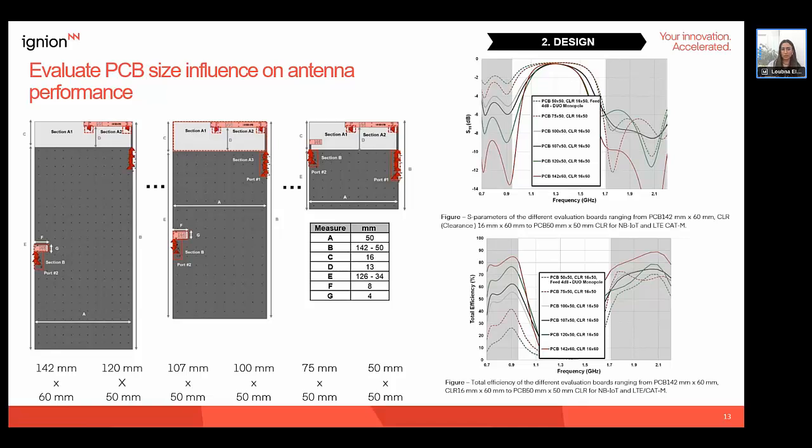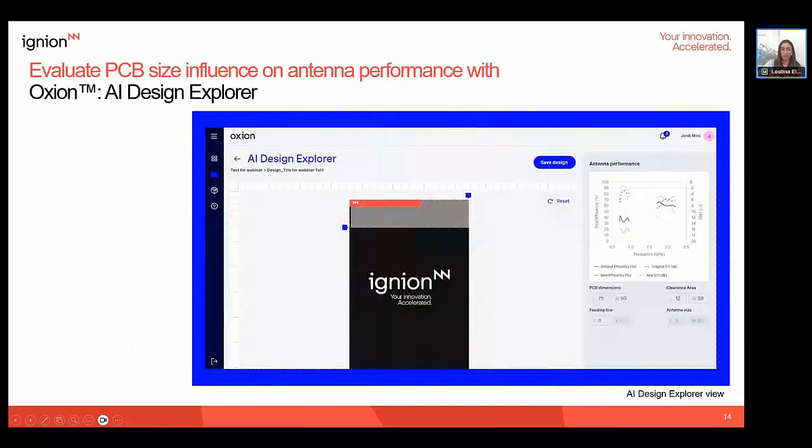But you can say, Luna, but how can I find the balance between PCB dimensions and efficiency? Because if you see in the graph, the higher the dimension of the PCB, the higher the performance.